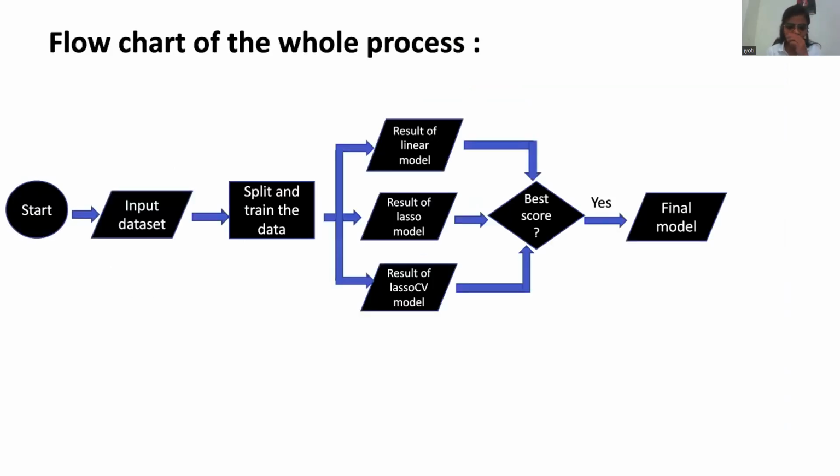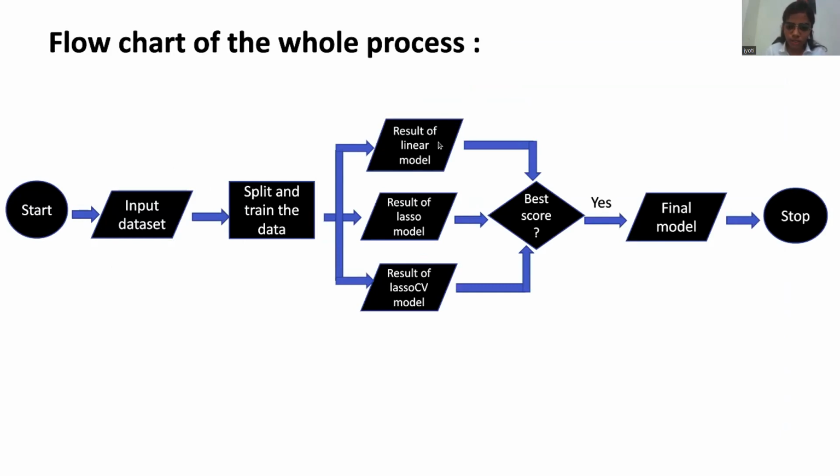So here is the flow chart of my task. First I start, then input the data set, and I split the data in two parts, one for training and the second for testing.